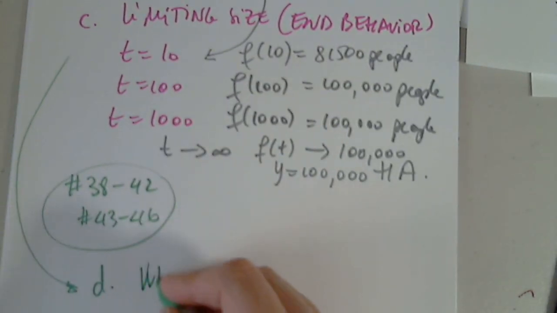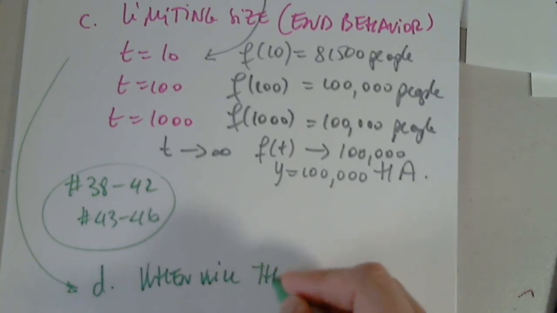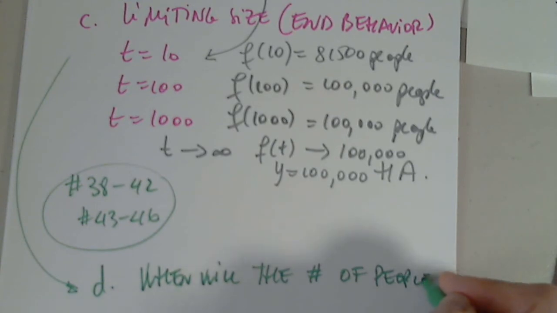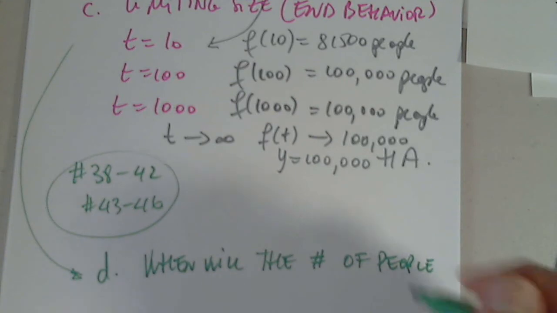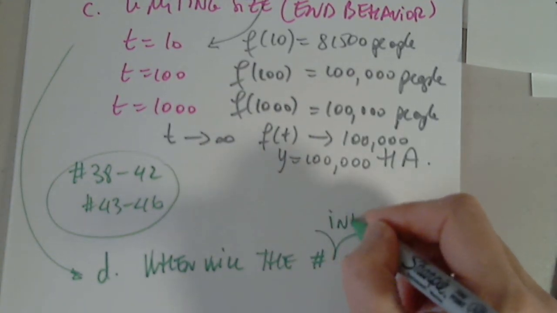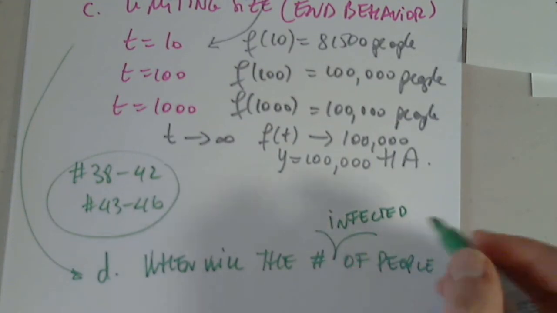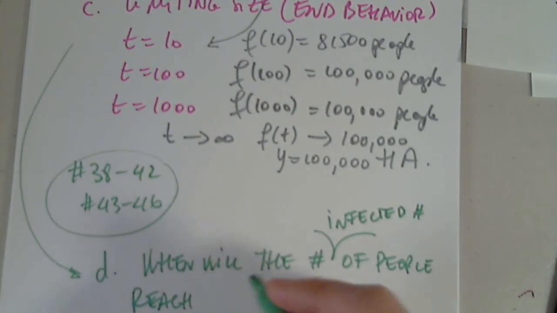When will the infected number of people reach 20,000?